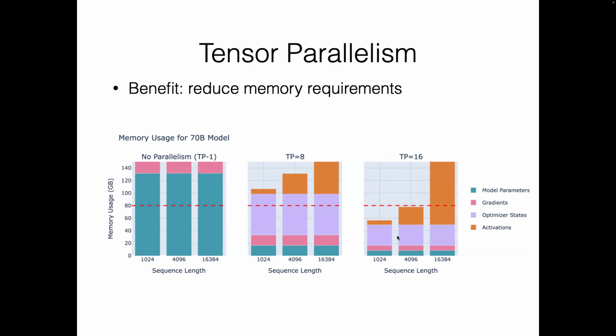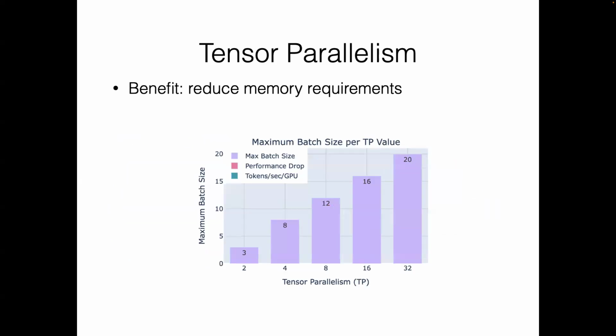And if we go to 16, now you can fit the parameters, the gradients, the optimizer states, and you can do some training with these sequence lengths. So here it's showing similar benefits. Again, if you have more room for memory, then you can have a larger batch size.